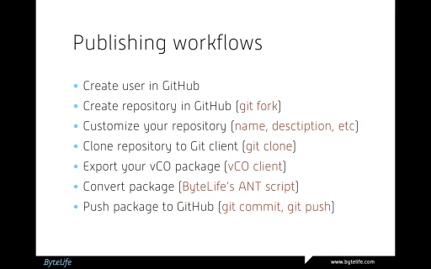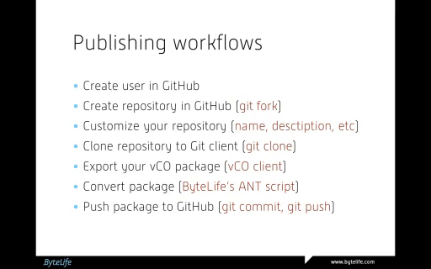Then to work with VCO, you need to make a local copy on your workstation. This activity is called git clone. So you will download the repository content from GitHub, which creates a local copy on your workstation.